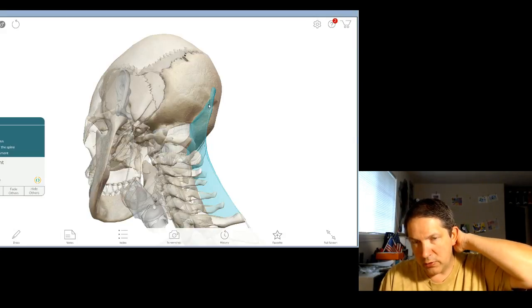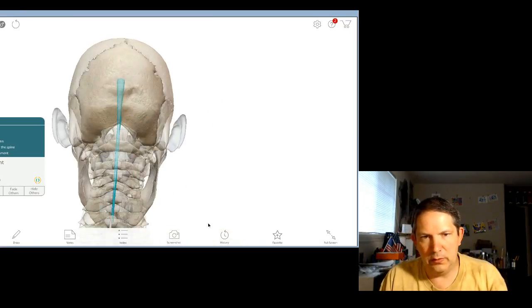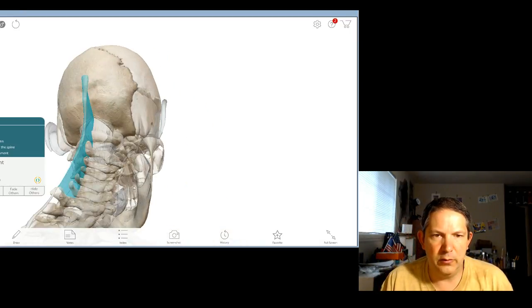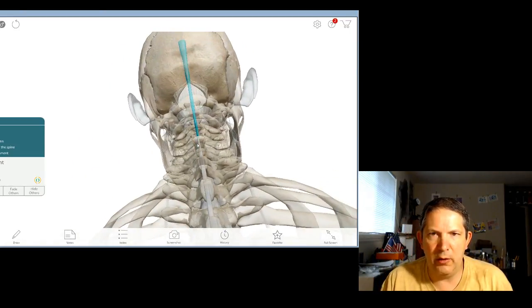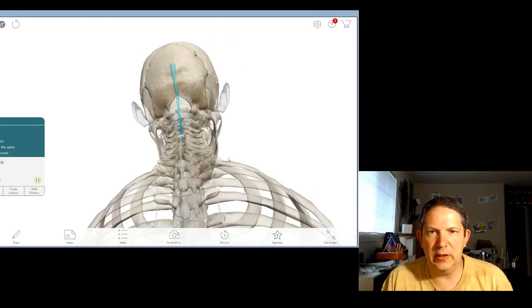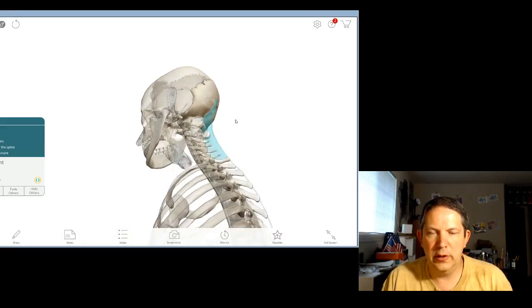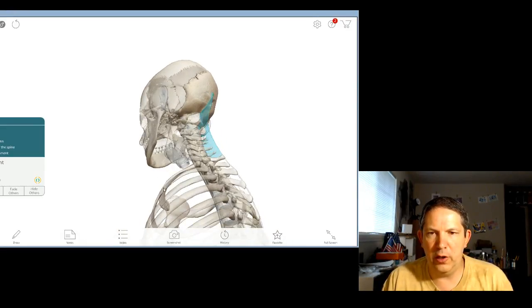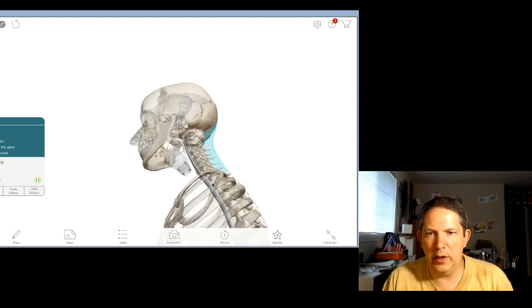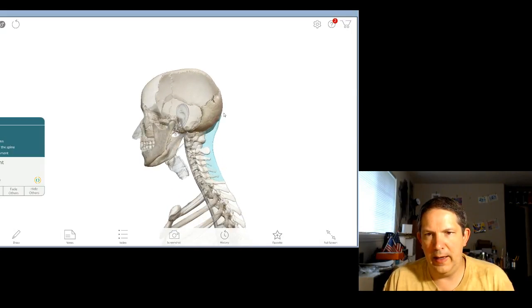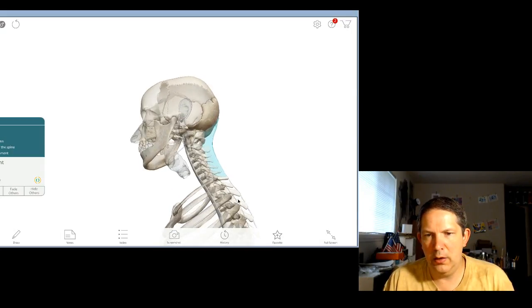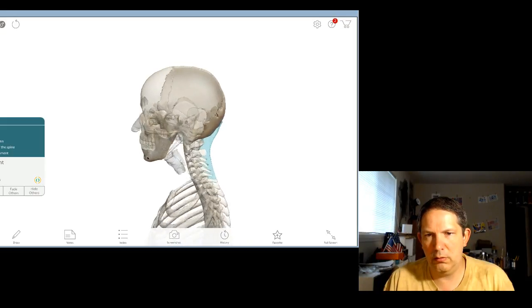And this is not unique to humans, and so I'm just going to tell you a little tidbit about it right now. You can imagine if you were, say, a sheep or a horse with a longer neck, trying to support that neck and head. Let's see, can we rotate it?